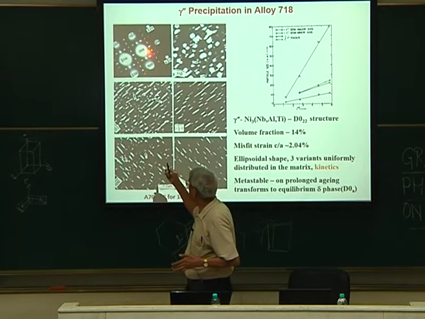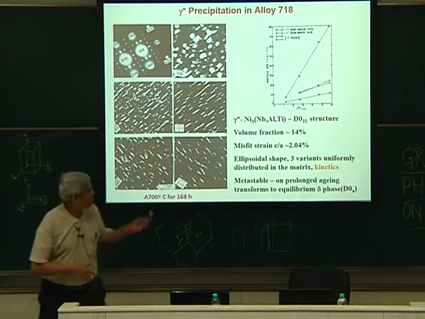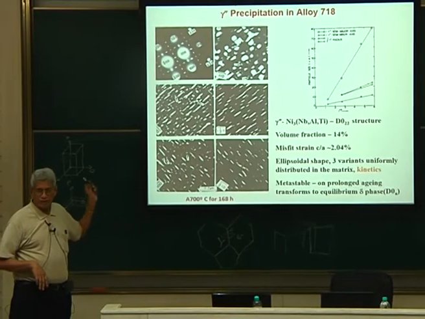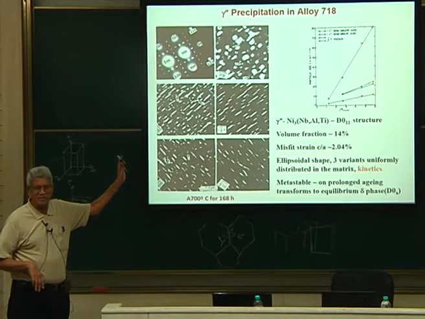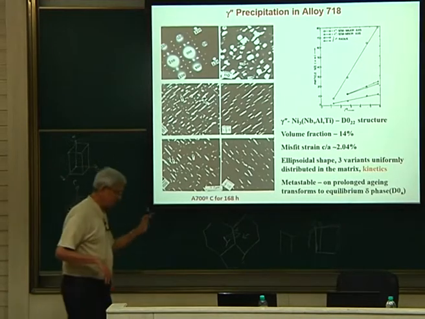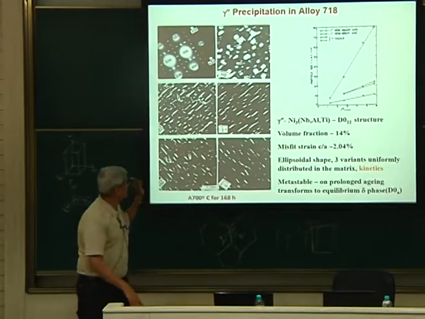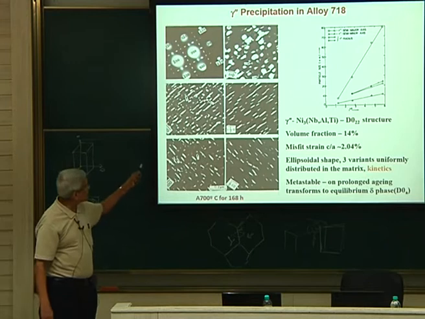And using the superlattice reflections, they have been imaged and identified. I am not going into how exactly all these things are done, that's not the focus of this talk. But I just want you to understand that using superlattice reflections, we can image the precipitates.